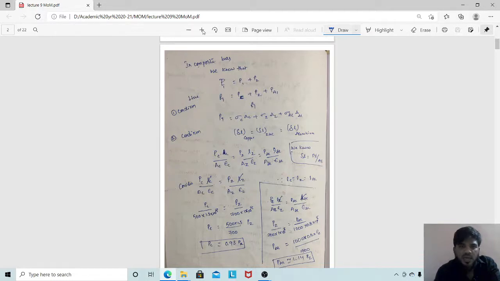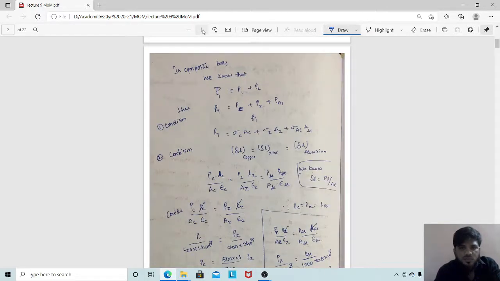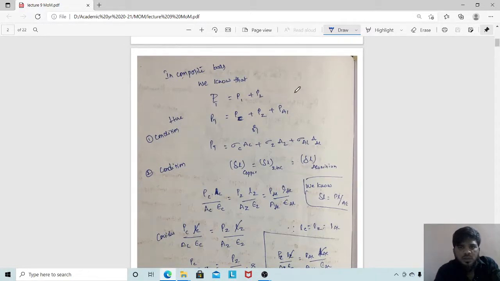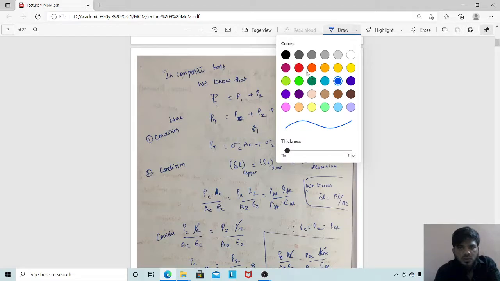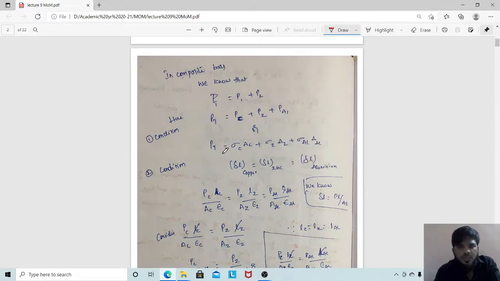From there we can calculate the values of load. So PT is equal to sigma C into AC plus sigma Z into AZ plus sigma L into AL. This is the first condition which you obtain because of the loads.